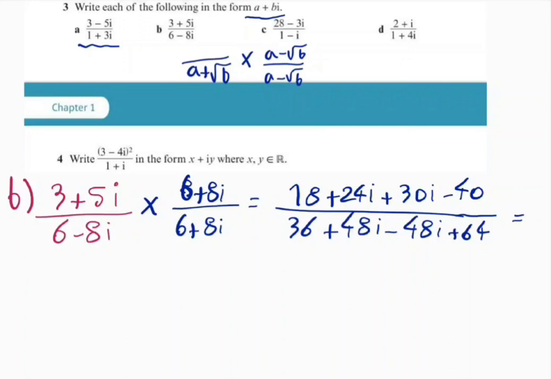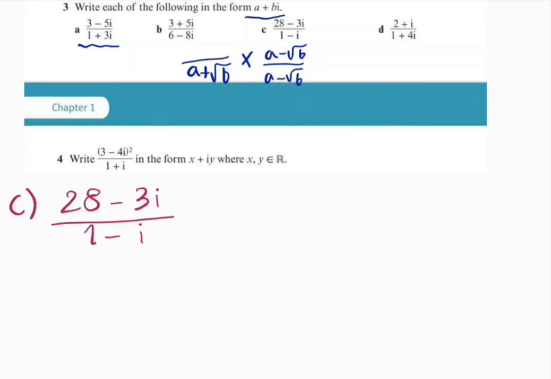Now we can simplify this. 18 minus 40 is minus 22. 24i plus 30i is 54i. In the denominator we have 36 plus 64, which is 100. And this is the final answer.